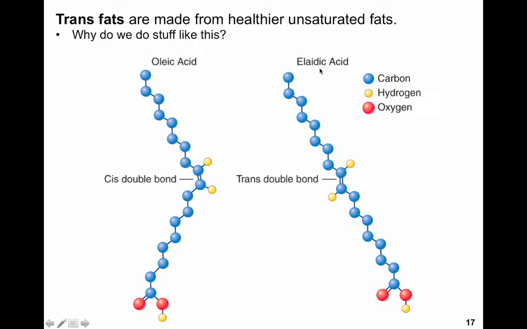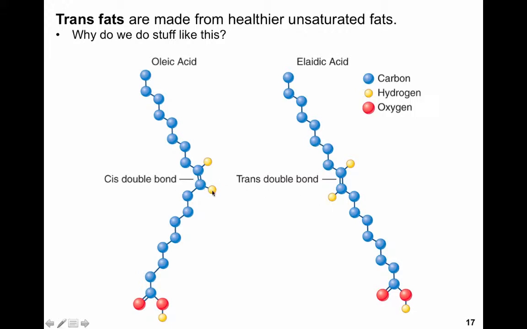I don't know how to say that. I know oleic though. The trans fatty acid has a carbon-carbon double bond in the chain, and then hydrogen atoms on opposite sides of the chain from each other, and that's the across or trans form of that kind of double bond.